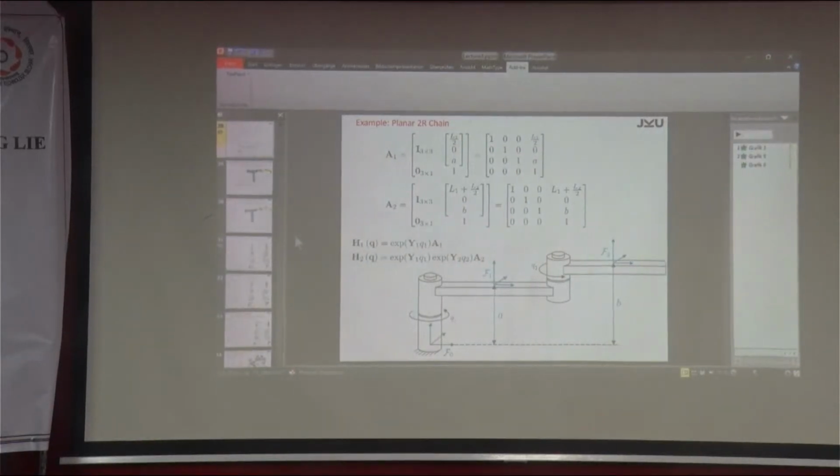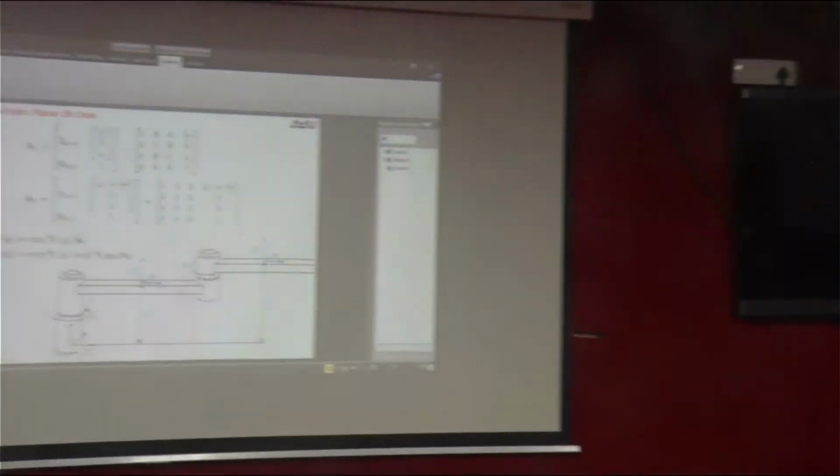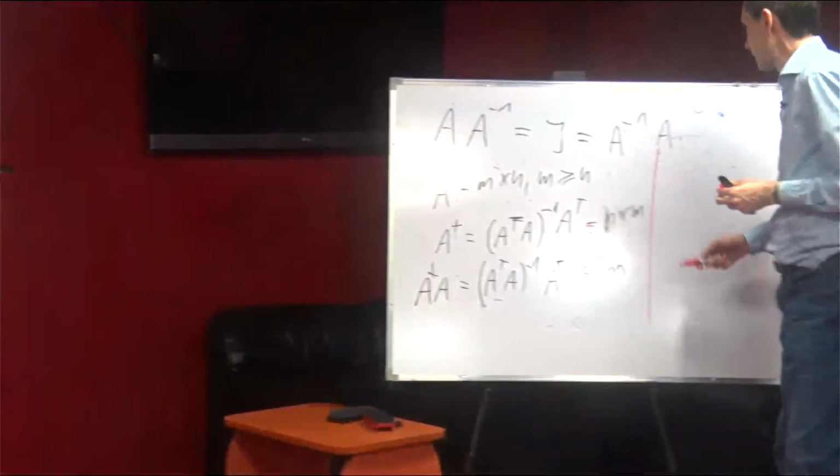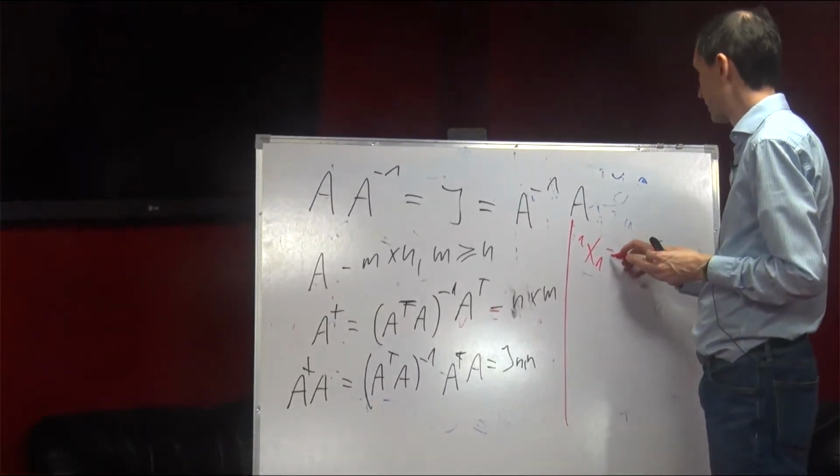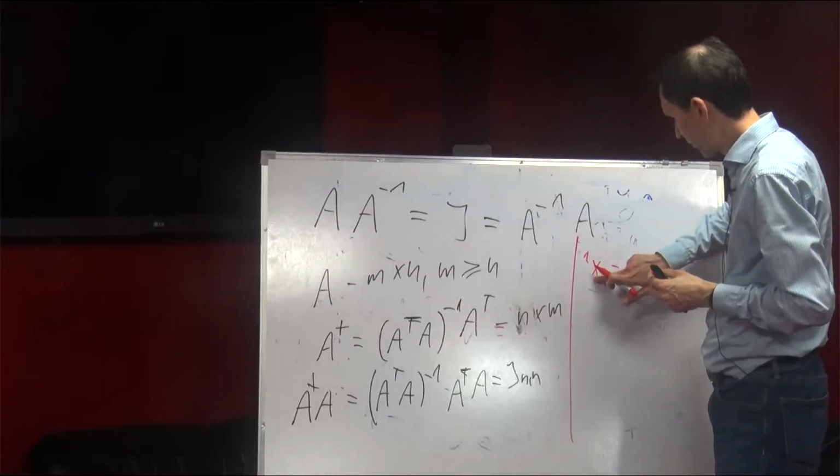The vector that I'm talking about, we called it x 1 1, and this is a little x because this is the vector.